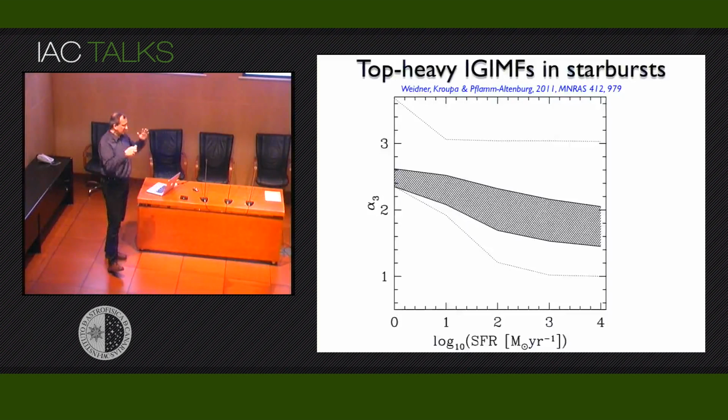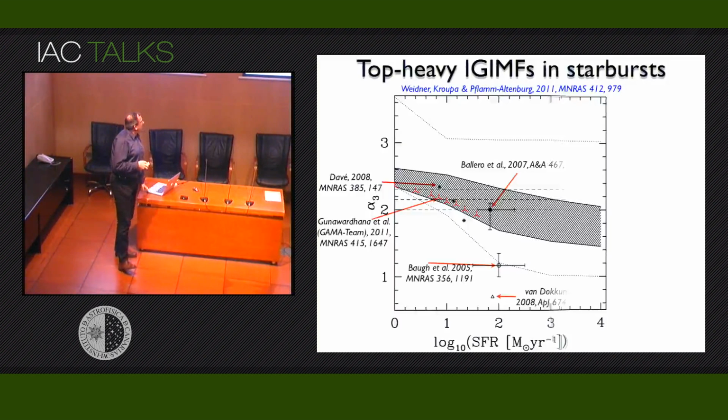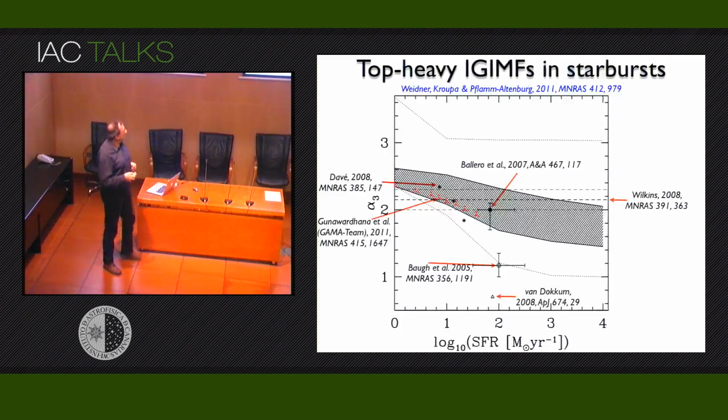The shaded area is for this. A lot of parameters are not very well constrained observationally, so we have this shaded area, which is the more secure parameters, and the dotted is like the most extreme of the possibility of parameters, how the IMF might change in very crowded star clusters.